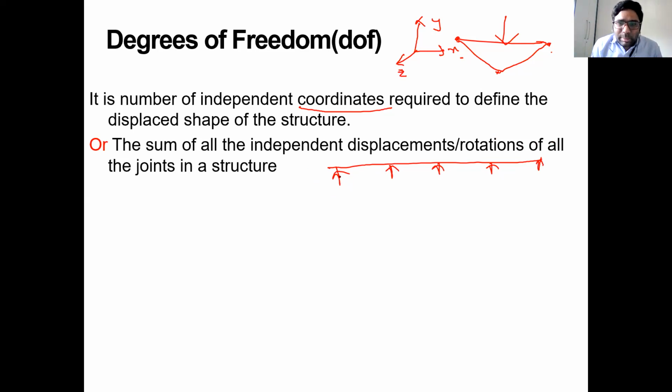See here, this is a simple support. If it is a pinned, in how many directions will it deflect or move? In one direction. And this is a roller. How many directions? Two. Here two. Here also two. Here also two. All these are rollers. So the sum of all independent displacements is here 1, 3, 5, 7, 9.